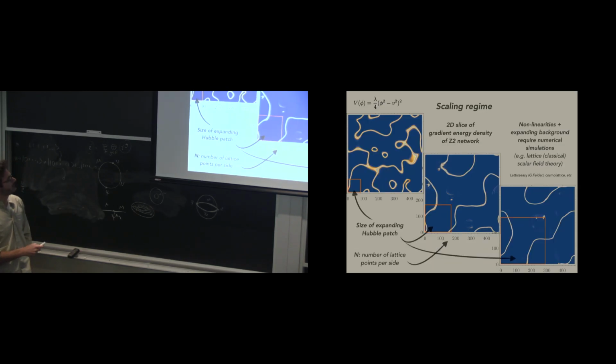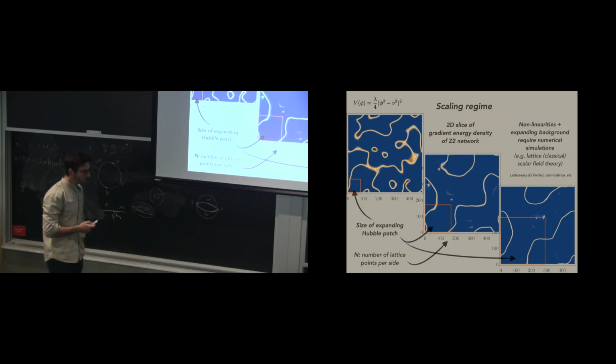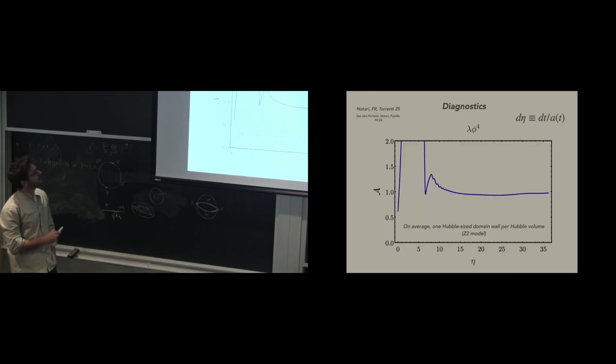So again, here is a slide of other simulations where you see that as the Hubble patch expands, the network simplifies, and you have these large Hubble-sized walls that extend over the whole Hubble patch. And again, these are all obtained by lattice classical field theory simulations. Now, this is what I promised, namely the fact that the network does reach a scaling regime.